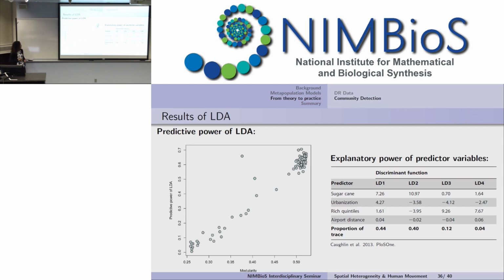So if the LDA is doing the right thing, or if these variables actually can predict community structure, then we would expect it to do a poor job when the modularity score is low, and a better job when the modularity score is high. And we also found that sugarcane and urbanization did the best job of predicting the community membership.